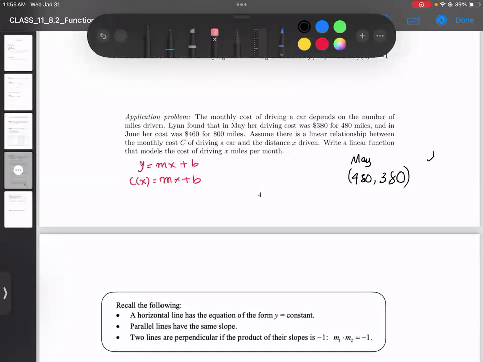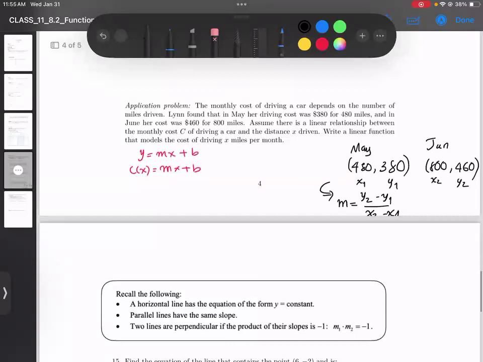In June, she drove 800 miles, and it cost her 460. So there you go, you have x1, y1 and x2, y2. You can find the slope, m equal y2 minus y1 over x2 minus x1. Now you can plug it in.